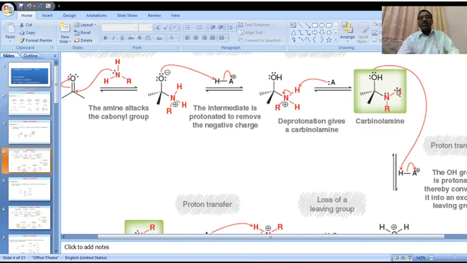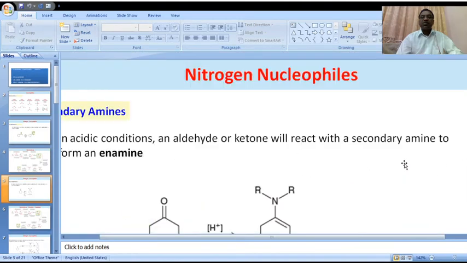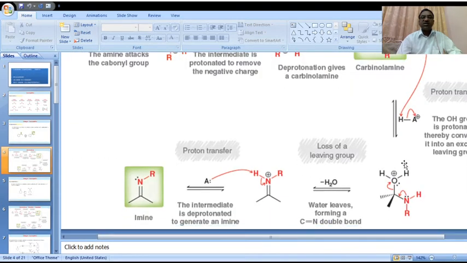In this carbinolamine, again the pair of electrons on the hydroxy group undergoes proton transfer. This particular proton from HA, the acid, is transferred. Okay, proton transfer. The OH hydroxy group is protonated, thereby converting into an excellent leaving group.